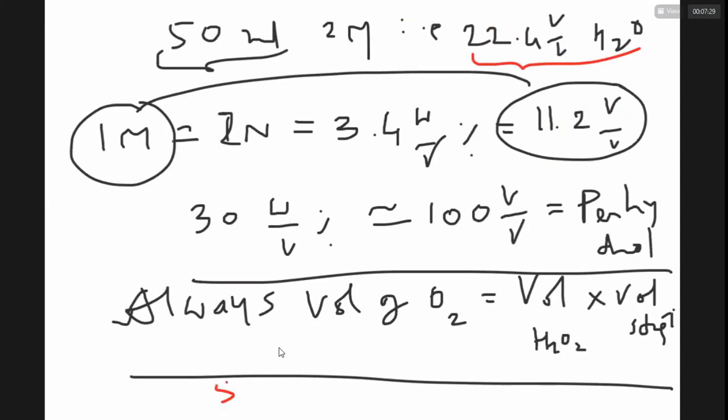It is 50 into 22.4, which is 1120. So 1120 ml oxygen is released.